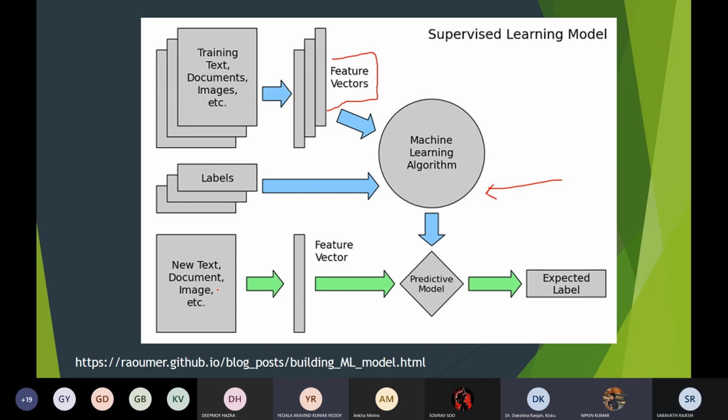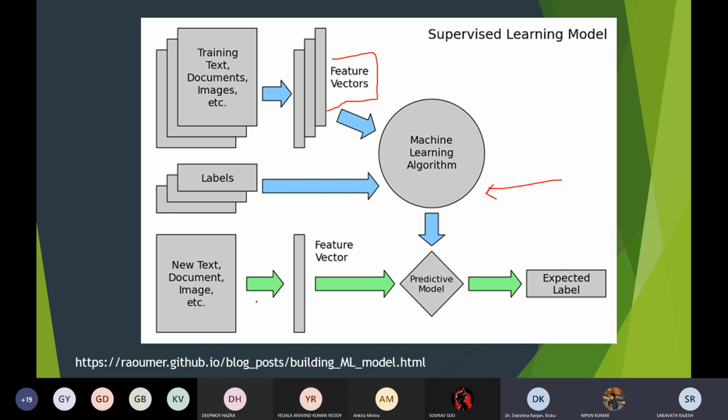Now we will use new examples, which are not labeled. Initially we use the training examples with the class information, called the labels, to build the training model. After constructing it, this training model will be used to classify the new text available in the documents and images.